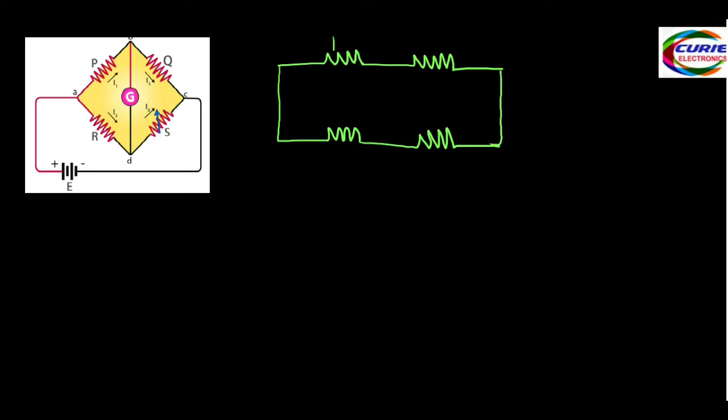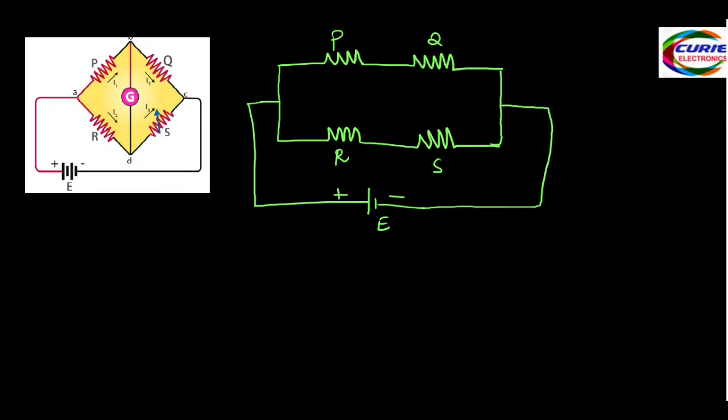So this is P, Q, R and S. Where is the potential applied? Here, the junction of P and R. This is the A point. So here we are applying the potential E. This is the positive and the other side is the negative.